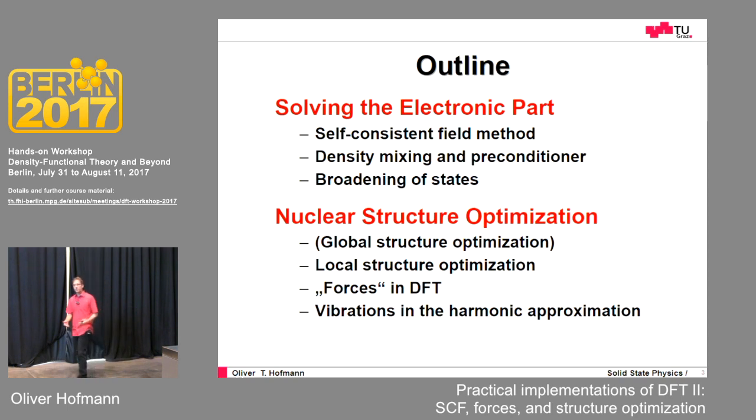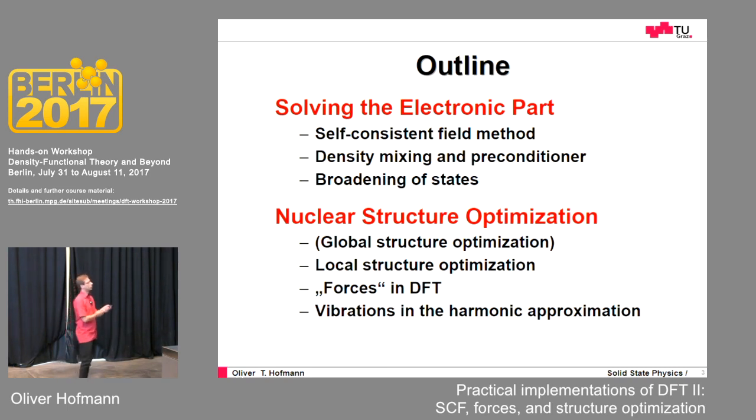I will first discuss how we can solve the electronic part and go through the self-consistent field method, discuss a little bit about density mixing and preconditioner, and later about why we can and should broaden the states, the orbitals. And then I'll talk a little bit about nuclear structure optimization. How do we actually find a sensible geometry?